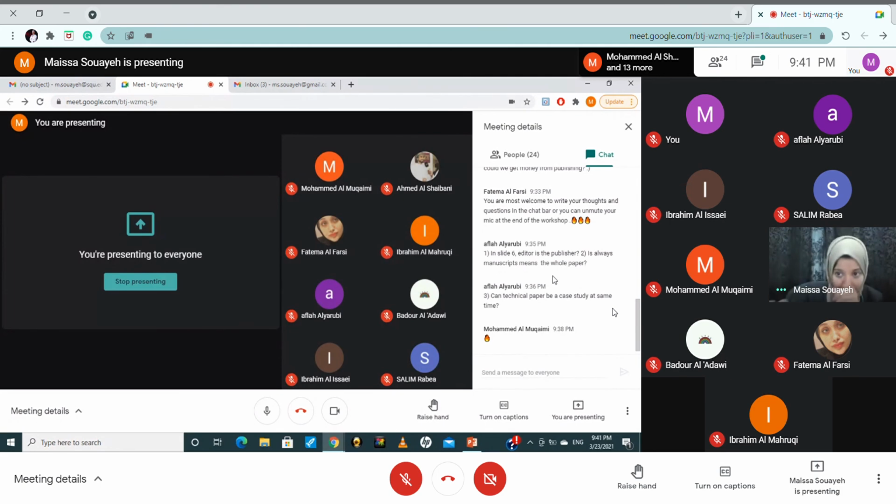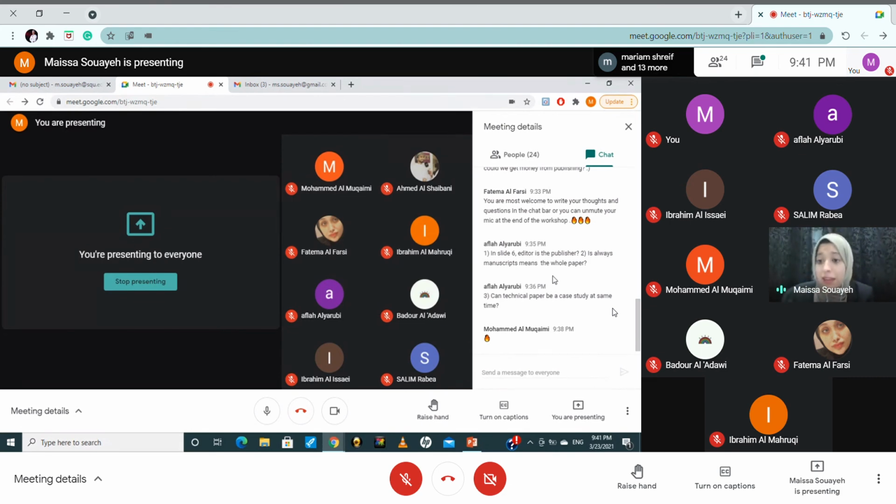The journal goes under the publisher, for example Elsevier, and there are journals that go under Springer. Each journal has an editor.